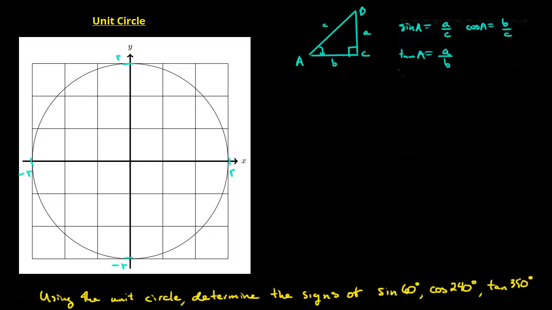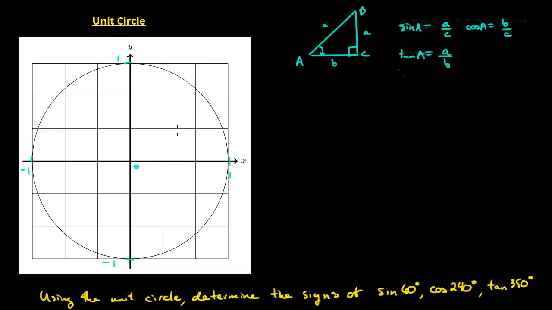Actually, let's do this in terms of the unit circle first. Okay, so let's suppose we have the unit circle. So this is radius 1, this is 1 unit, this is negative 1 unit, and this is negative 1 unit as well. This is the origin, which would make this coordinate 0, 0.